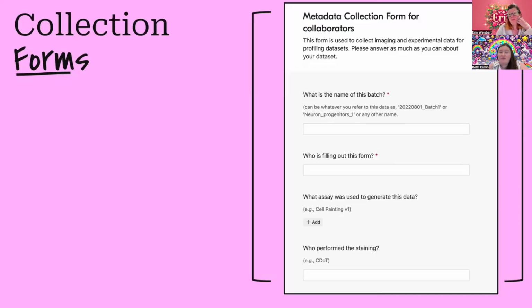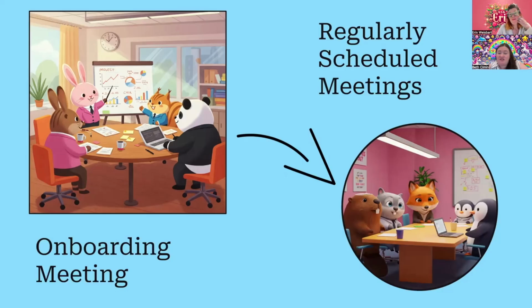Yeah, that onboarding meeting is so critical to just make sure that everything gets off on the right foot. Absolutely. And I will admit sometimes we end up with multiple onboarding meetings. Again, depending on how things have come to us, there may be an onboarding meeting that is just me and the collaborator or just Beth and the collaborator to get the very initial conversations of, hey, what are they even asking us to do?